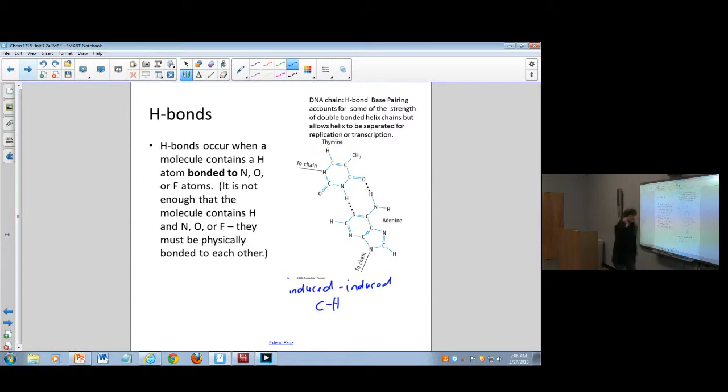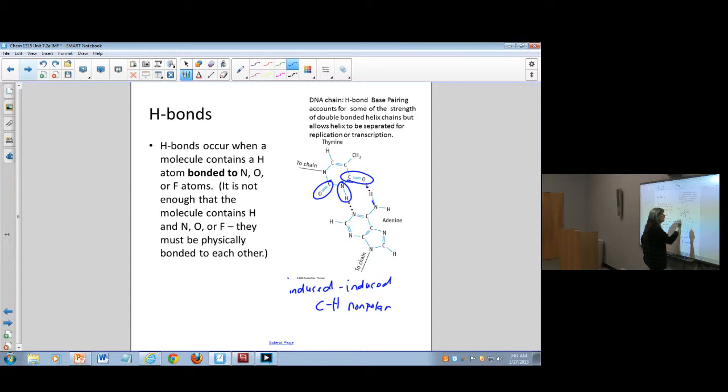And remember, that's a nonpolar bond. And then, of course, there's nitrogen and hydrogen bonded together, and carbon and oxygen, very polar. There's a hydrogen bond between this CO group and this NH group.